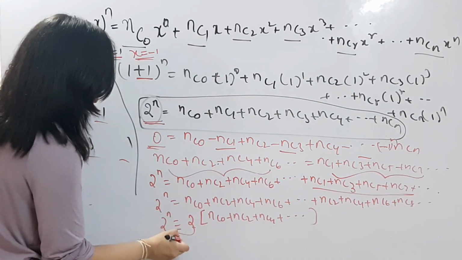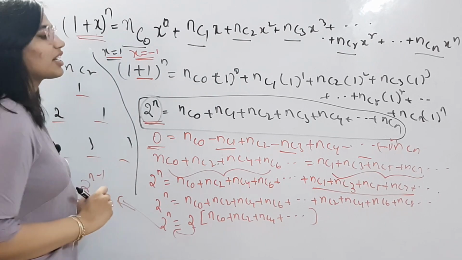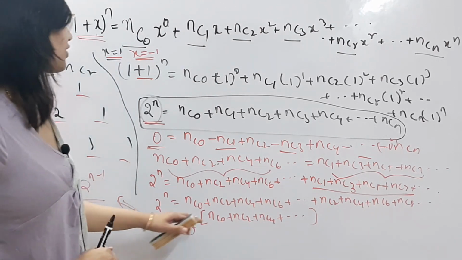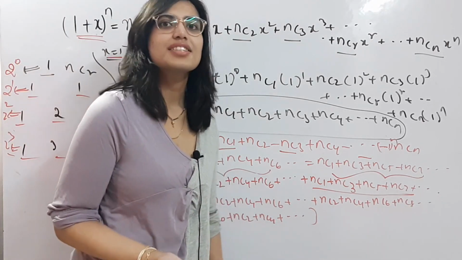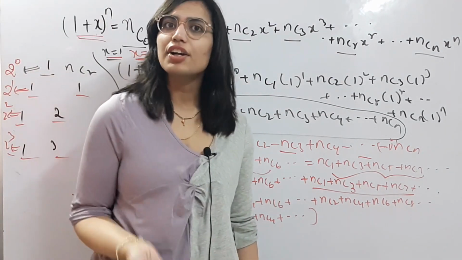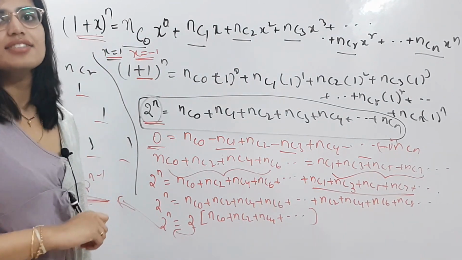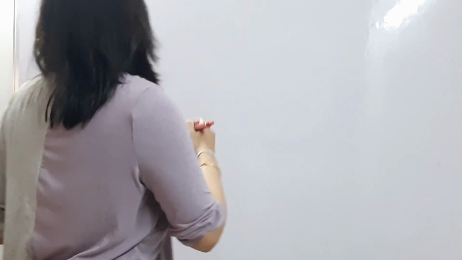So if you take this to this side, we'll get 2^(n-1). So that means, in short, the sum of the binomial coefficients of even terms is equal to 2^(n-1), and the sum of the binomial coefficients of odd terms is also equal to 2^(n-1).